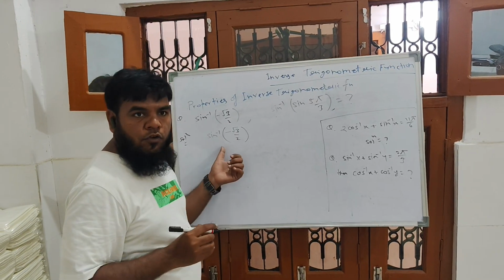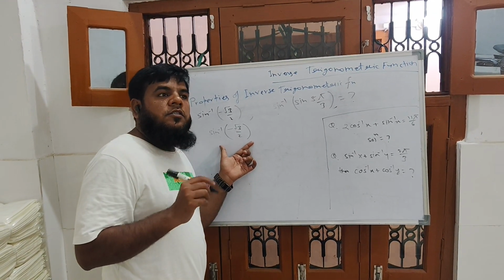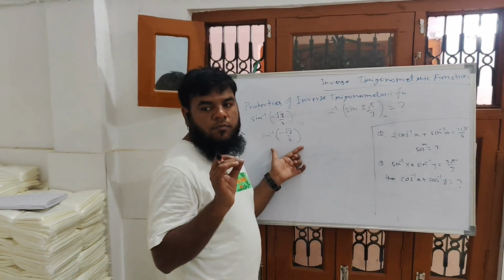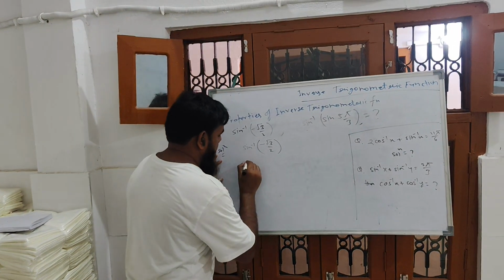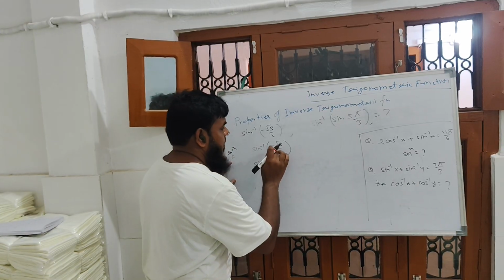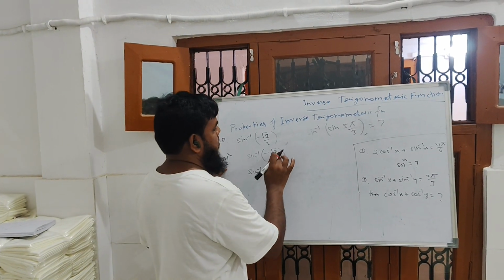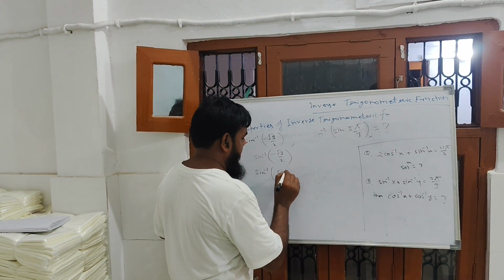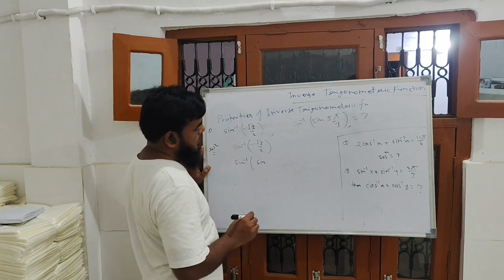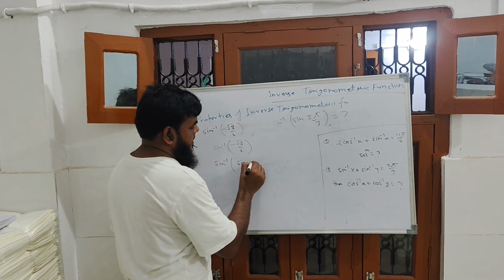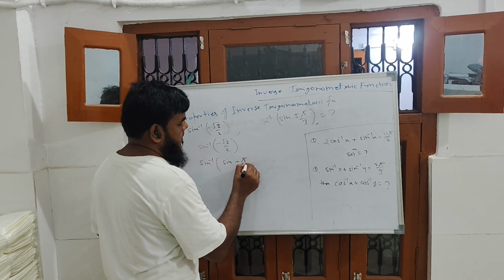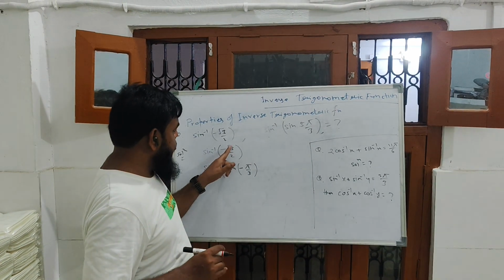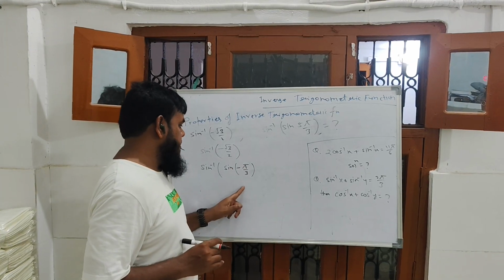We know the function sine inverse x has domain minus 1 to 1 and range minus pi by 2 to pi by 2. Now, minus root 3 by 2 is sine of minus pi by 3.